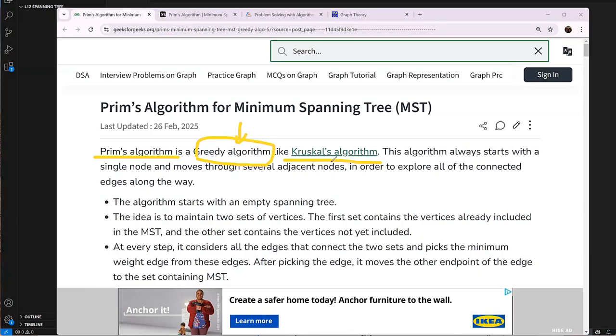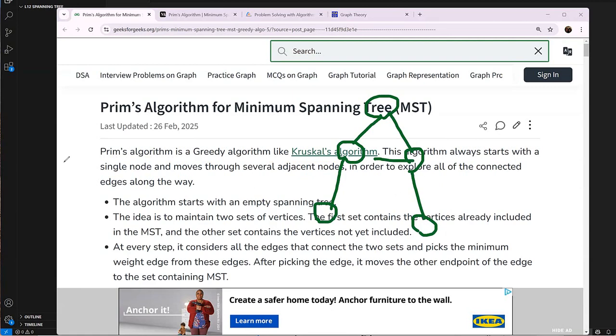So when you do a minimum spanning tree, first, what is the minimum spanning tree? Spanning tree means that I have a graph, maybe like this. If I start from a certain node, I want to build a tree so that every node is connected. This connected tree we call a spanning tree.